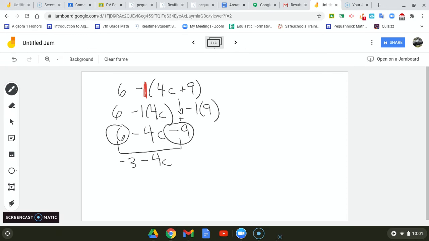And we'd like to kind of neaten that up, so we'll make it a negative 4c minus 3. That's just putting things in standard form, which you'll learn about at a later time. Okay, but that's one of the things that we have to kind of take into account, is whenever there's a negative sign out in front, it's going to be a negative 1 that gets distributed.